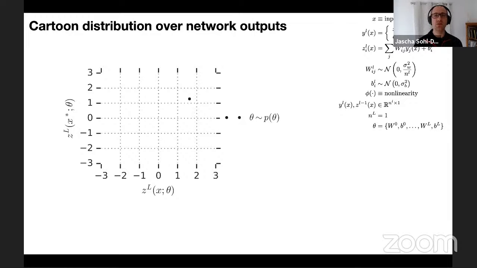If we were then to reinitialize network parameters over and over again and plot the outputs of the network for these two input examples for each of those initializations, we're going to get a distribution over network outputs, or equivalently a distribution over functions induced by the distribution over parameters.